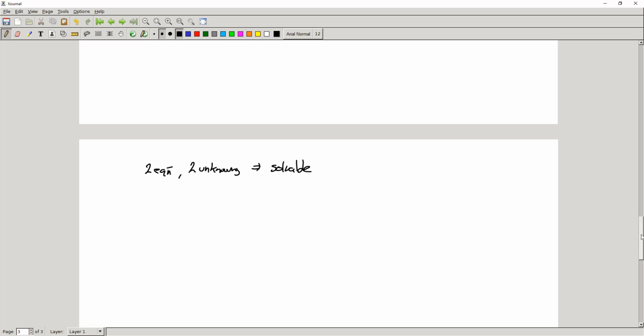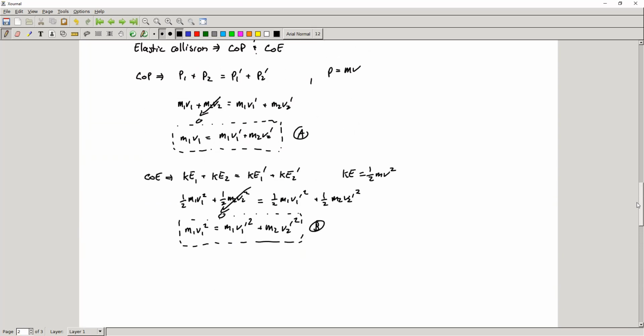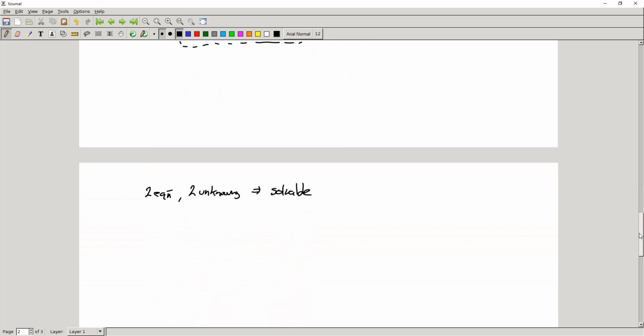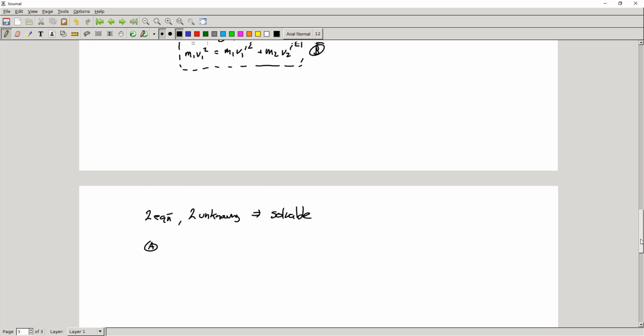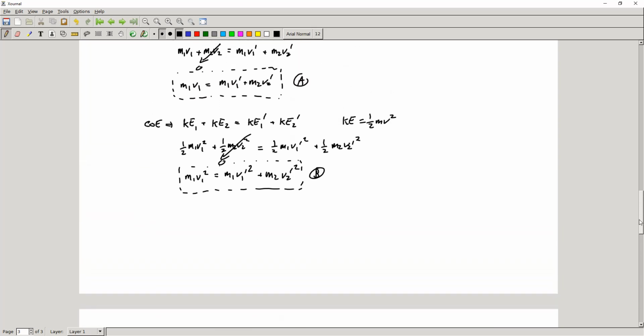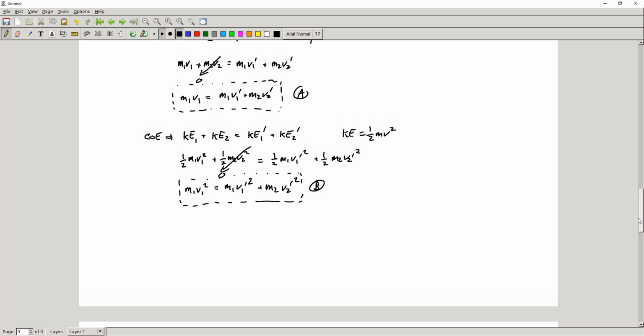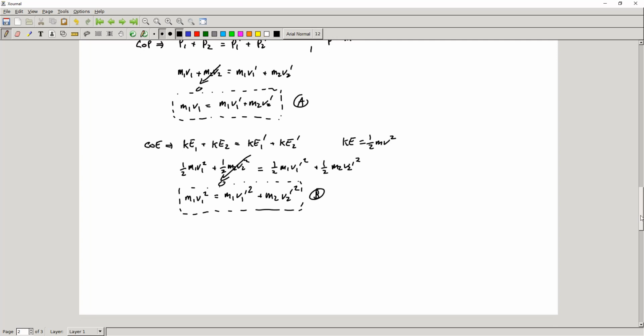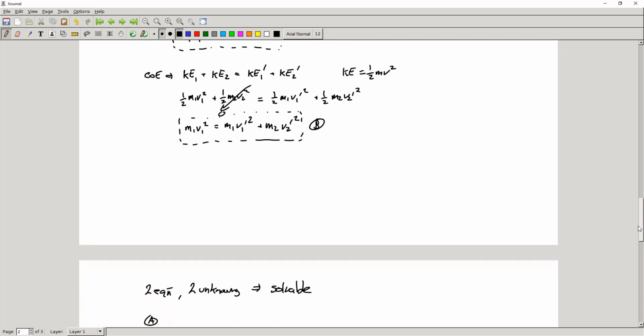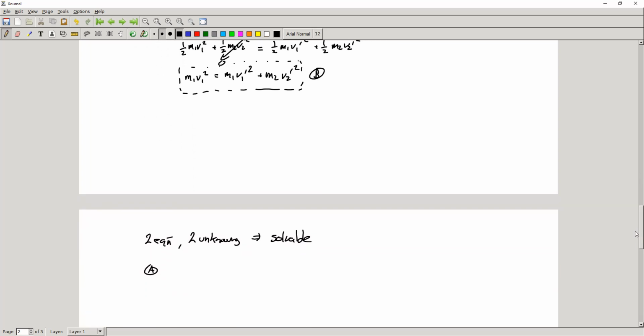From this point forward, it's really just a matter of algebraic manipulation and then the solving of these two equations. So let's take a look at our equation A. We can clean it up a little bit. In this case we're going to isolate the v2 prime. Okay, so we want to isolate one of the unknown variables. So I'm going to rewrite this.